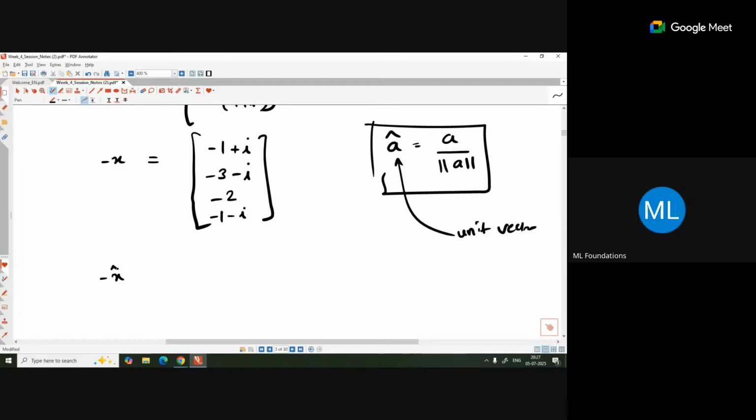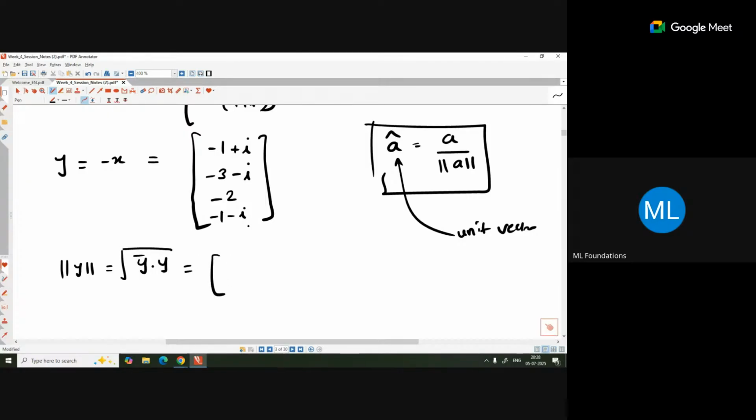So basically, can I call this minus x as, let's say, y? Will that be okay? So now I want to find out first the length of y, and that should be equal to the square root of y conjugate times y.